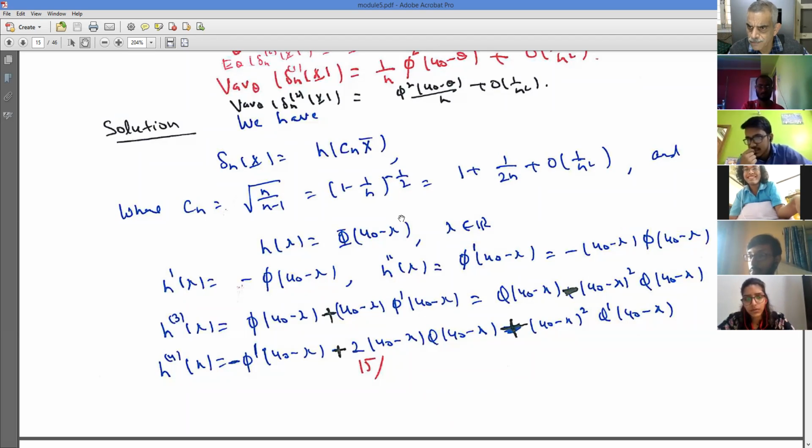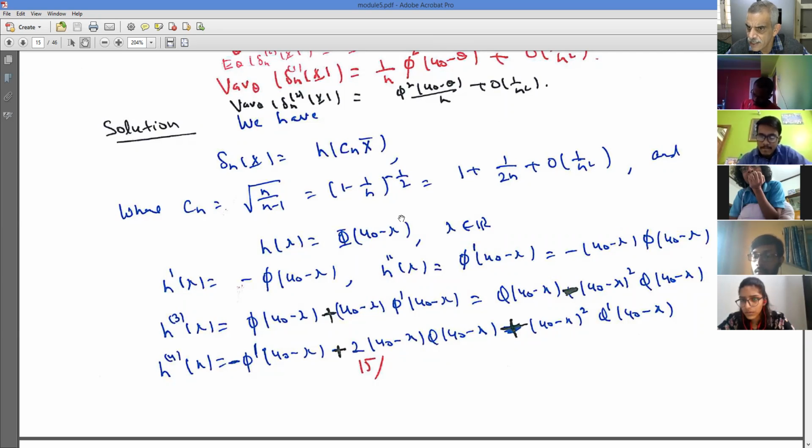So when I say something is big O of h, what does that mean? That means it is some function of h, which when divided by h goes to a constant. Right? For example, a h plus b h square.